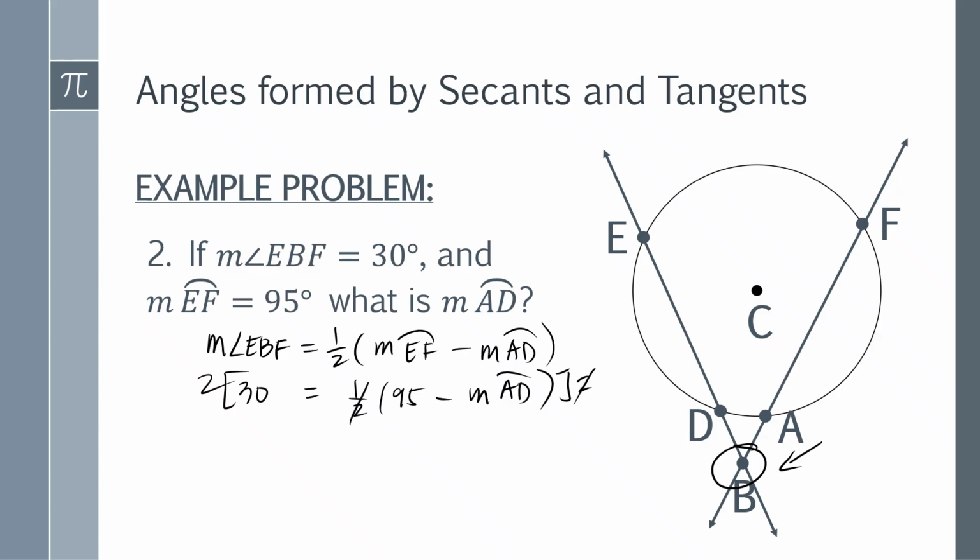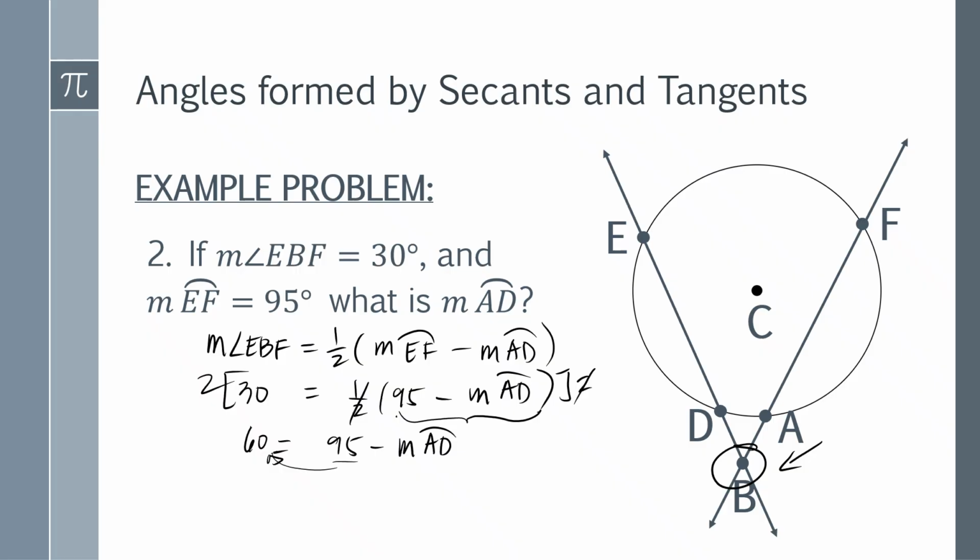So 30 times 2, which is 60, equals 95. Since you remove 1 half here, you have to rewrite again inside the parentheses. So 95 minus measure of arc AD. Therefore, 60. So therefore, you have to transpose.